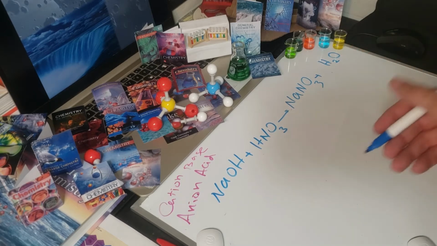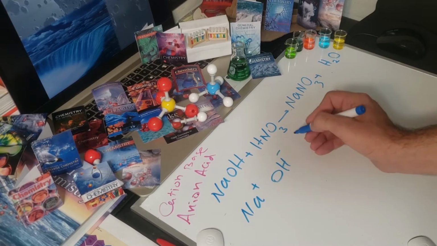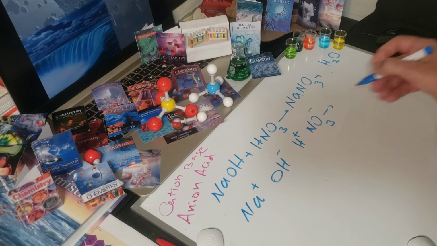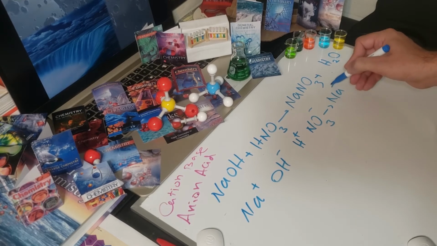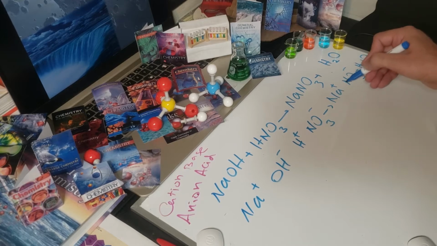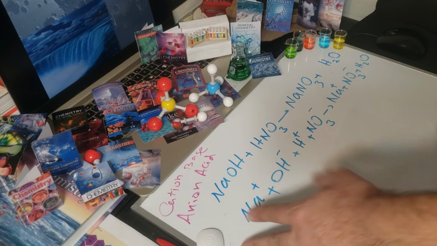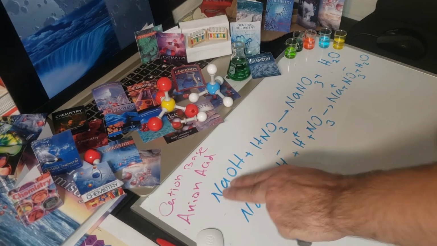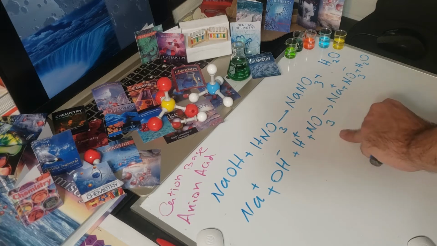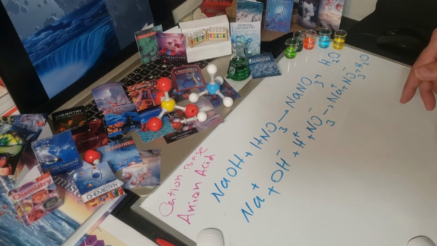Now I'm going to write down the cations and anions. So H plus, NO3 minus, and Na plus, OH minus, giving you Na plus, NO3 minus, and H2O. Now let's go to the numbers. I have one sodium cation, 1 hydroxide, 1 proton, 1 nitrate, also 1 sodium and 1 nitrate here, and 1 H2O.